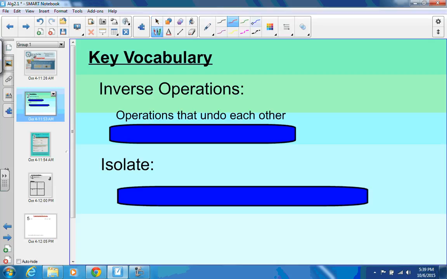We'll say this is the operation. This is the inverse operation. So if I'm going to say my operation is adding, what would you do to undo addition? Well, you subtract. Those are opposites.